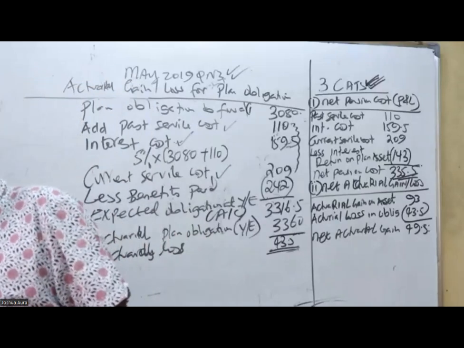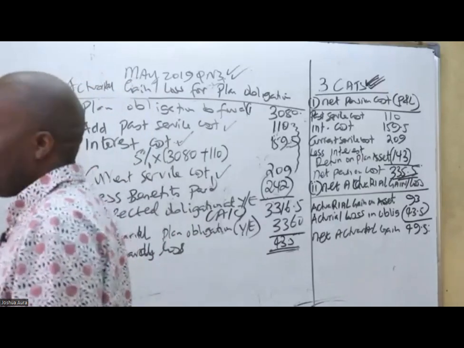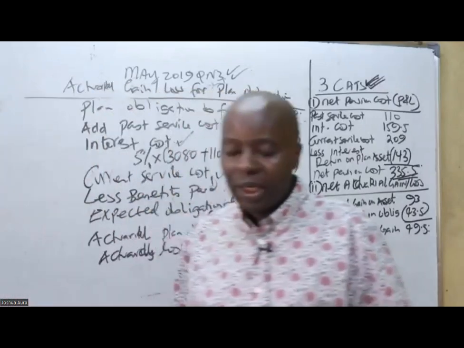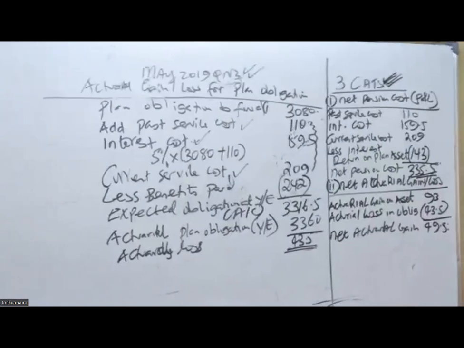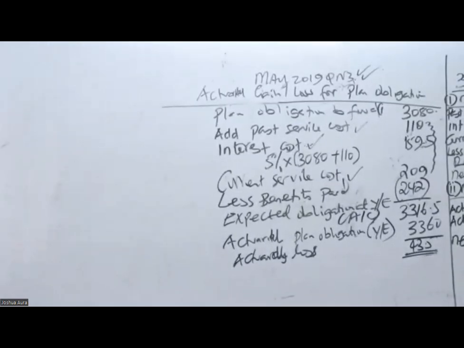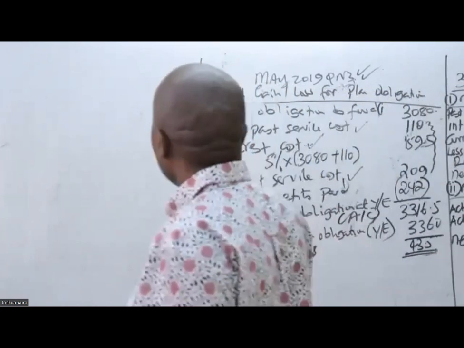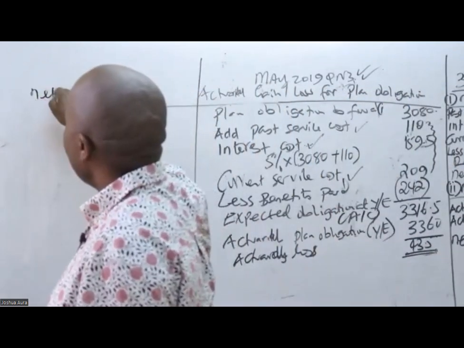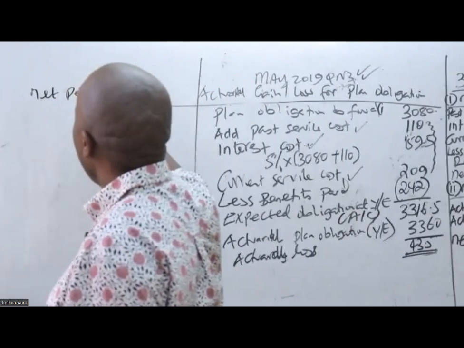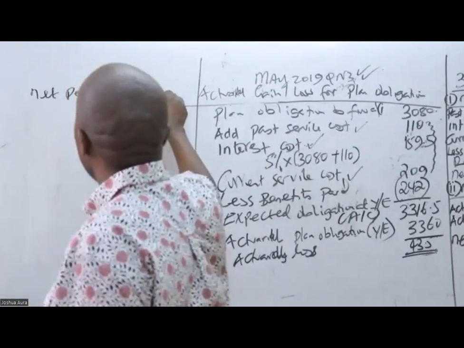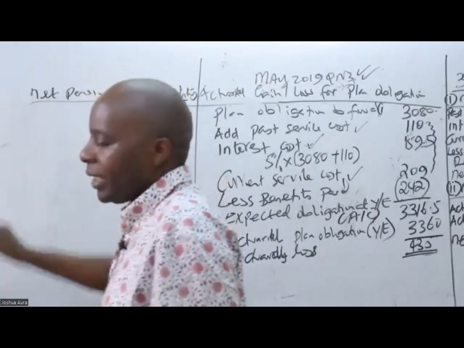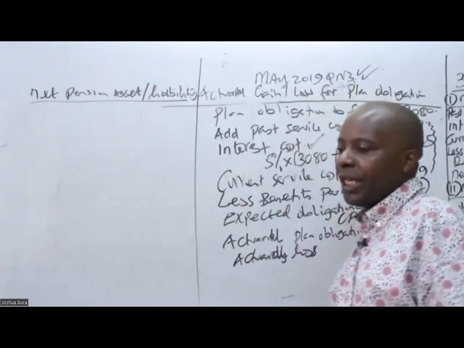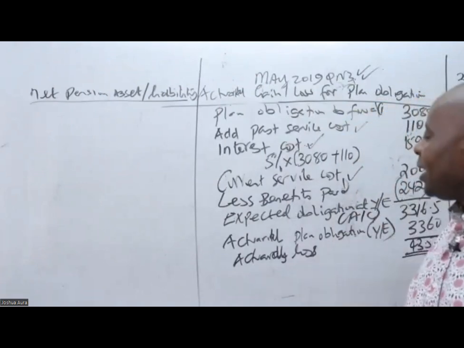The net pension asset stroke liability, this is the easiest.